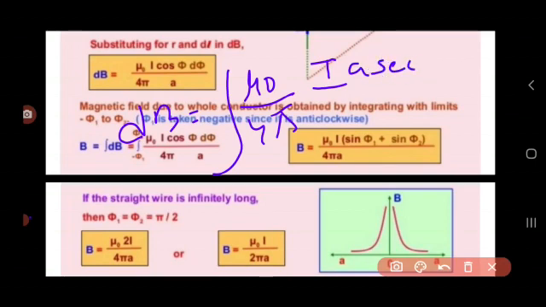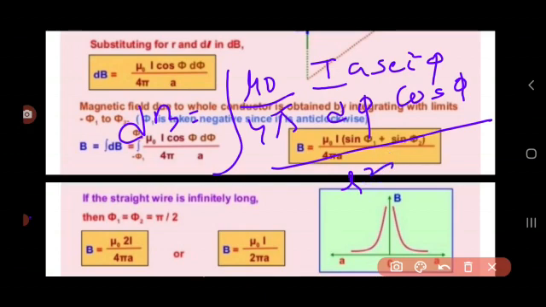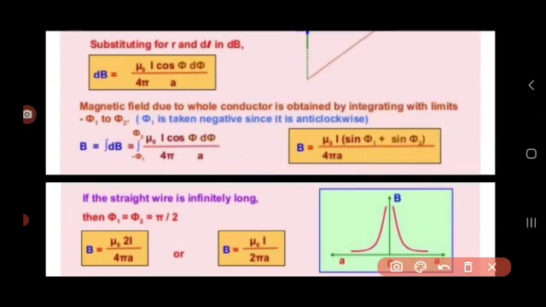So finally by calculating we get B is equal to the integral of mu naught I a square by 4 pi, sec square phi d phi cos phi, divided by a square sec square phi.